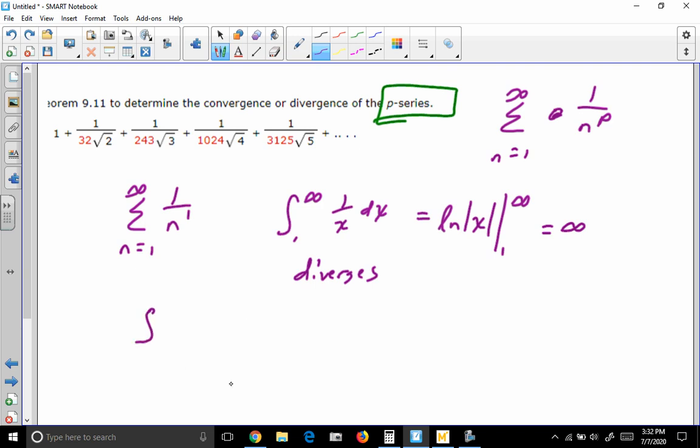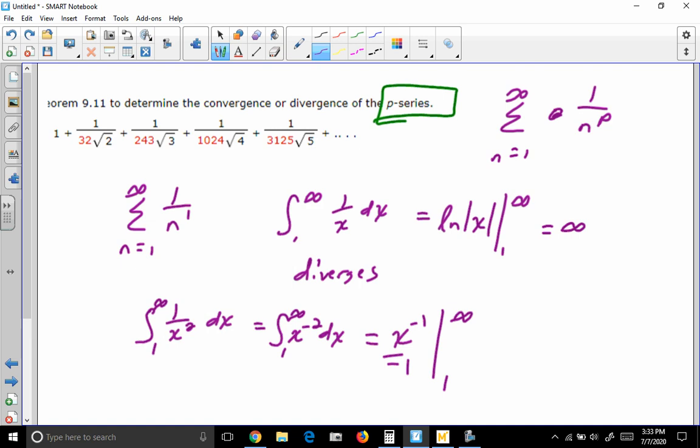But if we compare it to, let's say, 1 over x squared, when x is 2, we could also call that x to the negative 2. That integrates as x to the 1 bigger power over that power. That's evaluated from 1 to infinity.